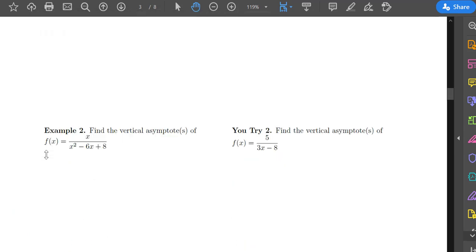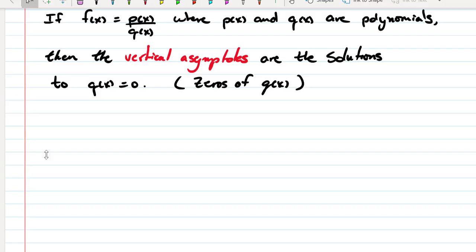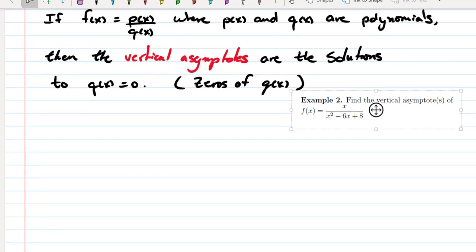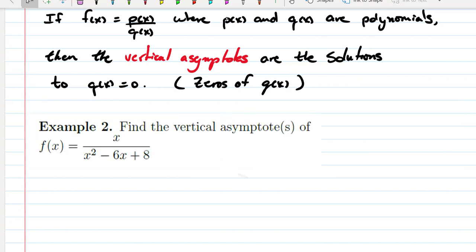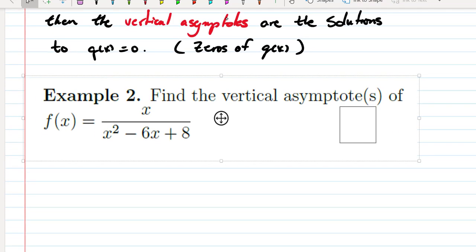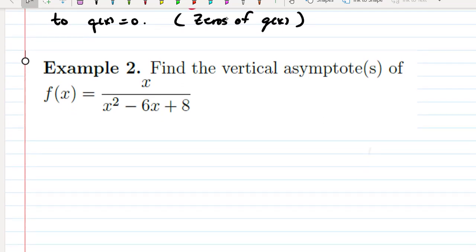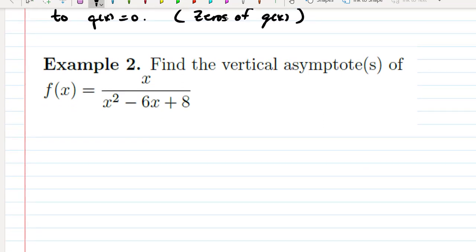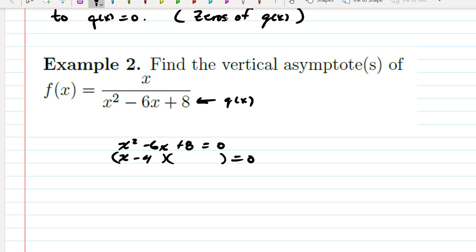So let's take a look at example 2. We'll notice example 2 is the same problem as example 1 in the sense that we're using the same function f of x. So as a matter of fact, we don't really have to do any work. When it says find the vertical asymptote of this, we would do exactly the same thing. That's our q of x, and we would need to solve x squared minus 6x plus 8 equals 0. And we get x minus 4 times x minus 2.